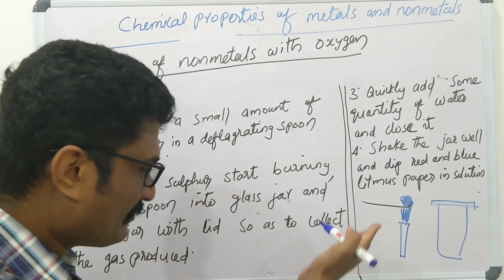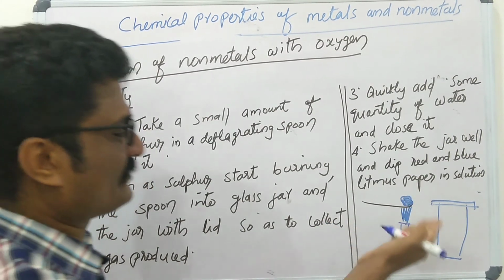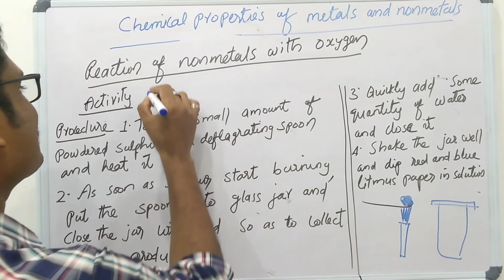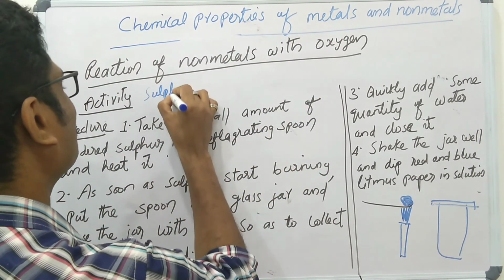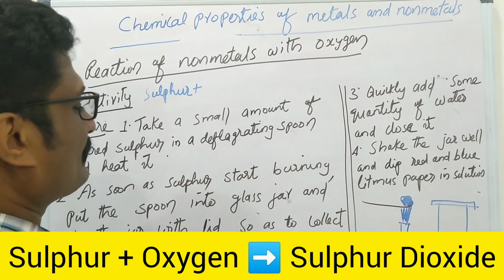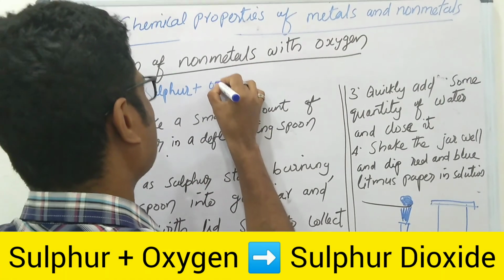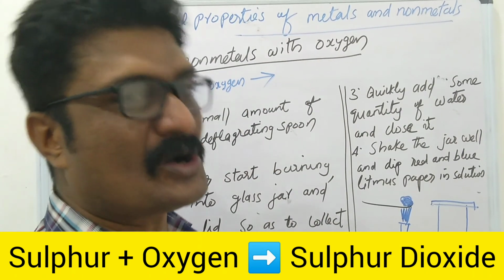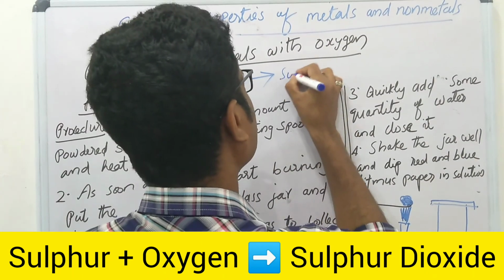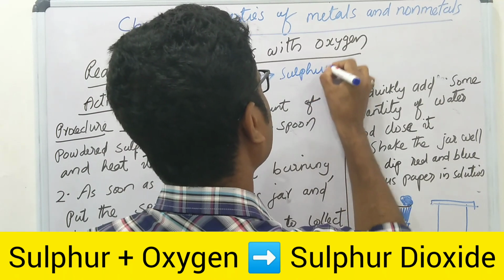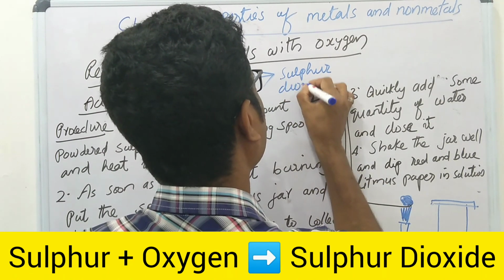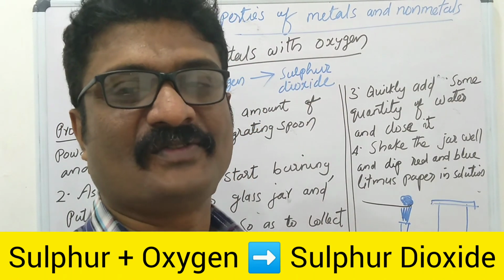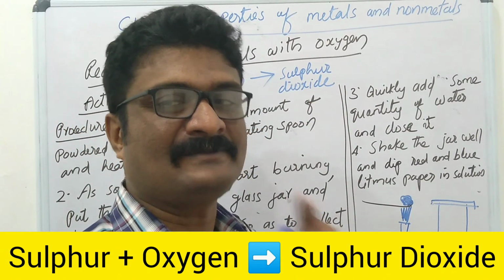Then we can collect the gas formed. Here sulfur reacts with oxygen and forms an oxide, sulfur dioxide, the oxide of sulfur.